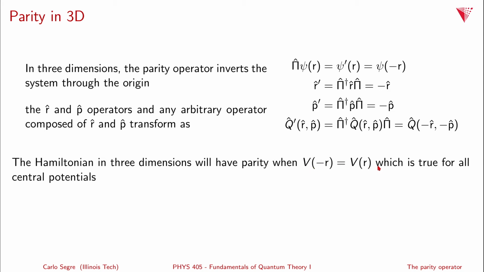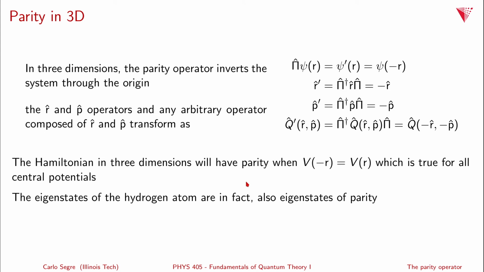Now, if you have a central potential, like many potentials in physics, this is absolutely true. So the eigenstates of the hydrogen atom are also eigenstates of parity because the hydrogen atom has a central potential which is even under parity inversion.